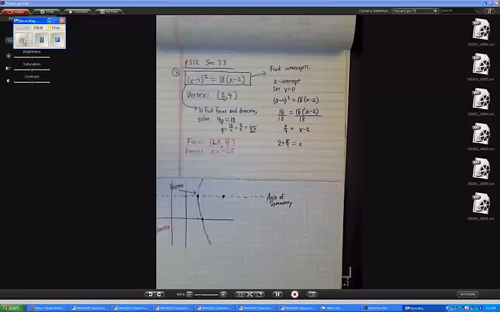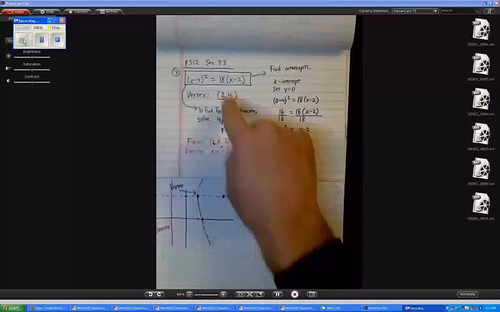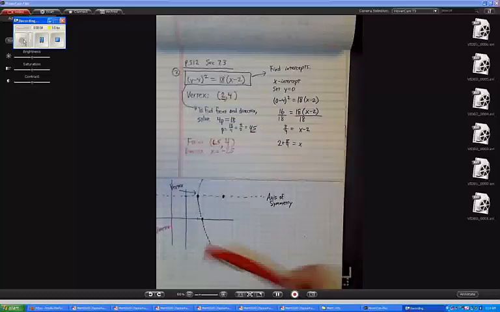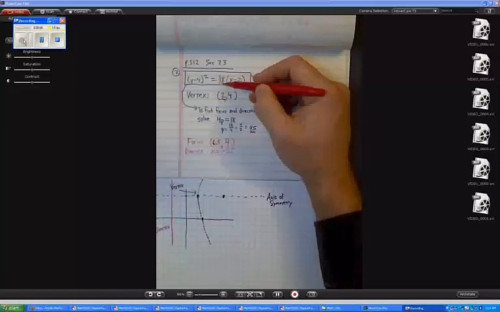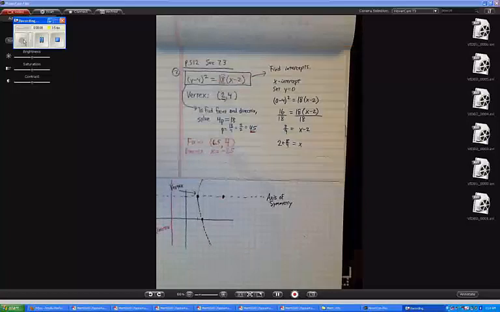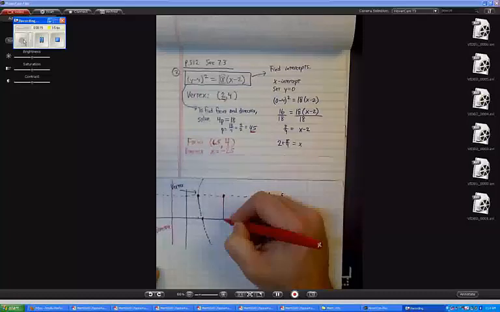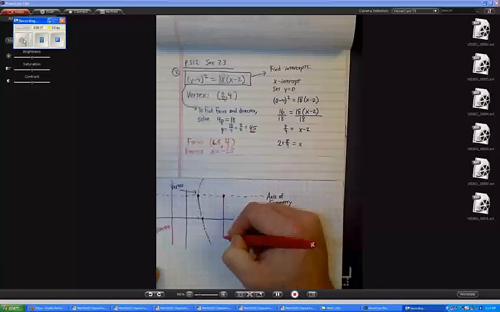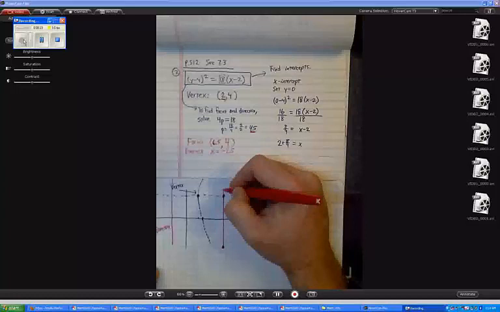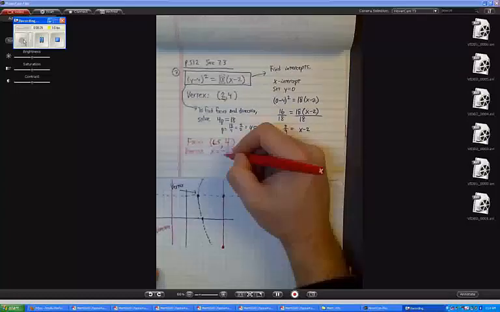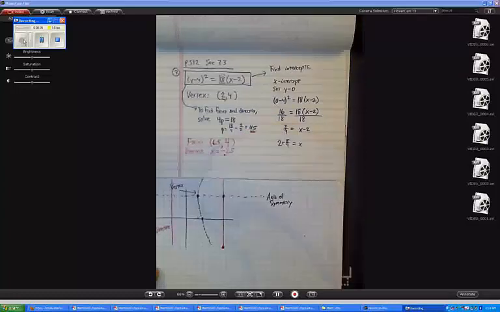This 4p is the length of the latus rectum. So this 18, in other words, shows up on my picture. That 18 is the length of this segment. 1, 2, 3, 4, 5, 6, 7, 8, 9. You see that? And if I went up 9, which I can't or I'll be off the map, I guess it'd be up here, right?